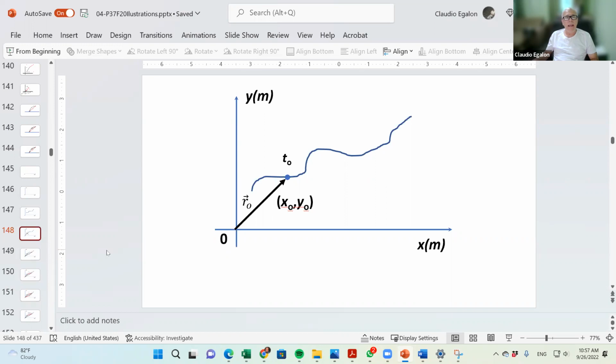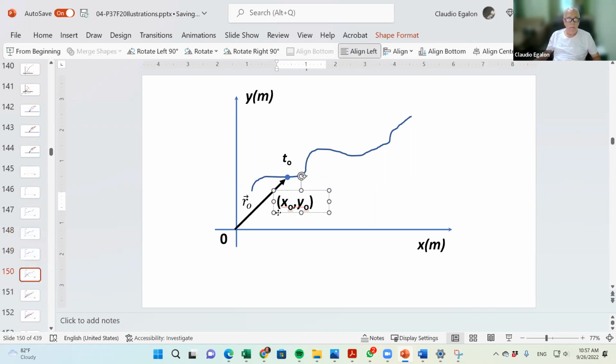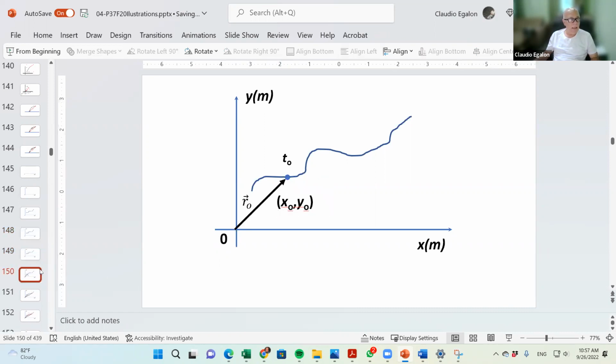Let's say at time t equal to 0, or t naught, the particle is at this point here, and this point has coordinates x naught, y naught.